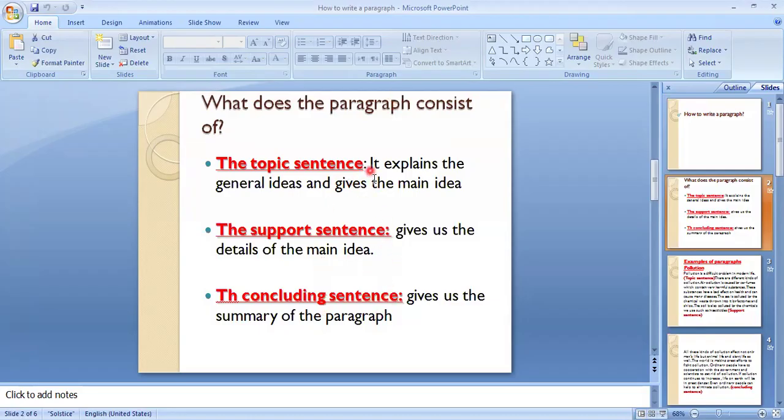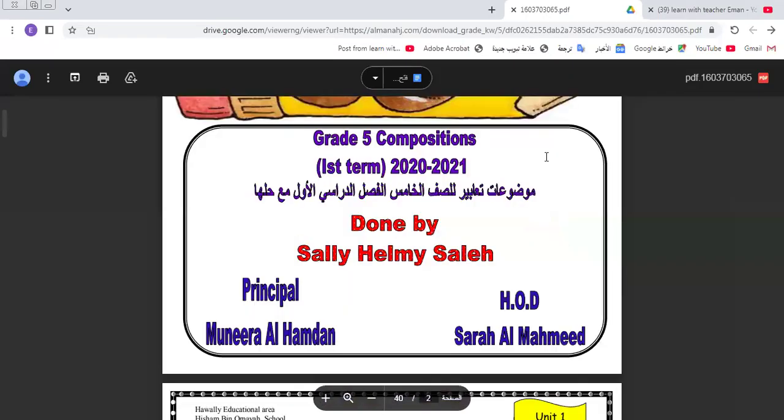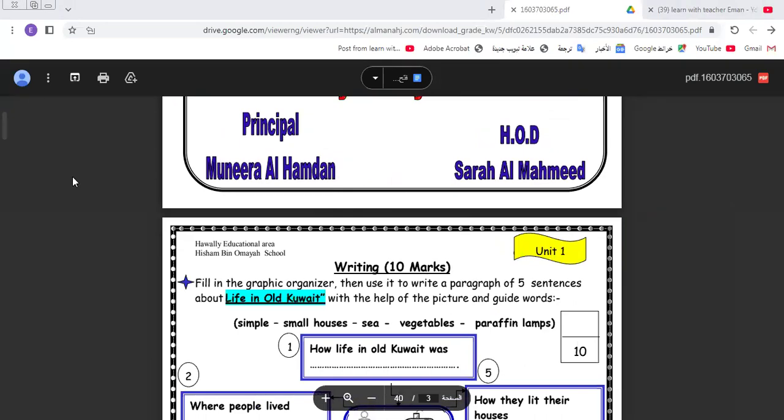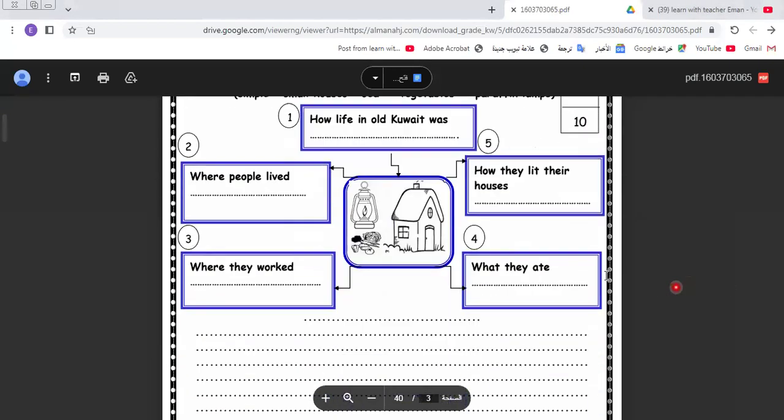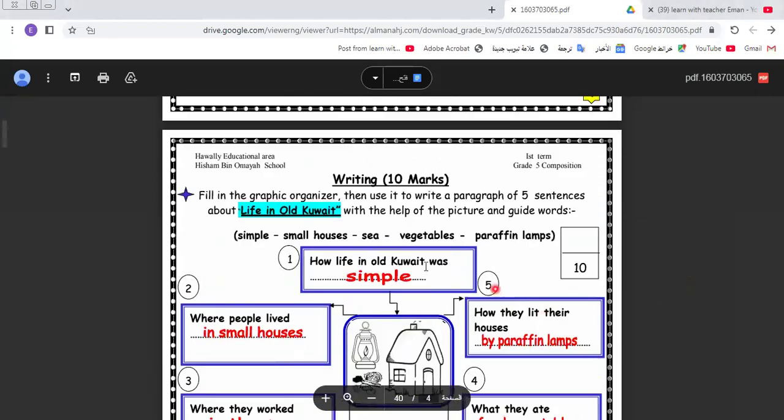Let's practice these rules and apply them on our paragraph. Here we have a paragraph we learned in your topic books, about life in Old Kuwait.